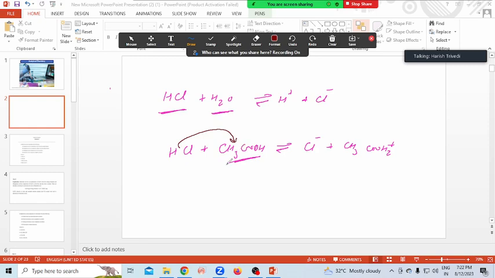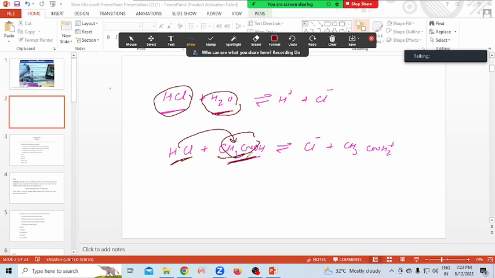But acetic acid is not neutral, it is also a weak acid, so it is not very prone to take a proton. Water is stronger compared to acetic acid at taking a proton from HCl. That's why HCl will be a strong acid in water, but it will behave as a weak acid in acetic acid.